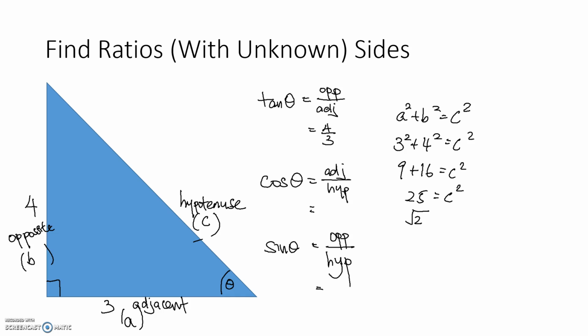Square root both sides, and therefore c equals 5. So we have found the unknown side.